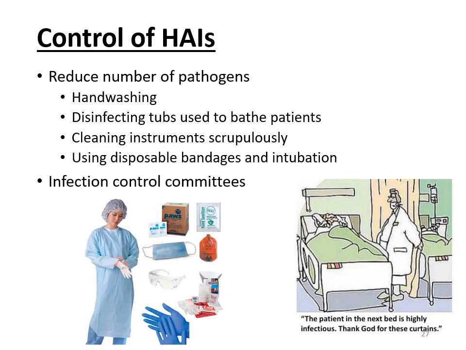Here we summarize various ways that can help control these hospital-acquired infections, okay? You want to reduce the number of pathogens as often as possible, so make sure to hand wash regularly. Use disinfectants on tubs or equipment.